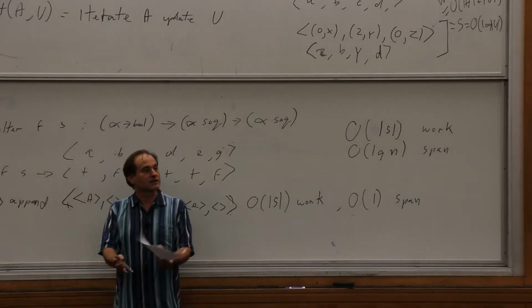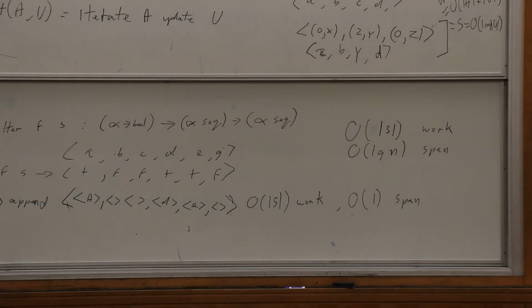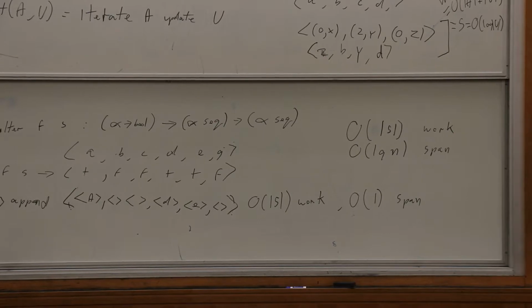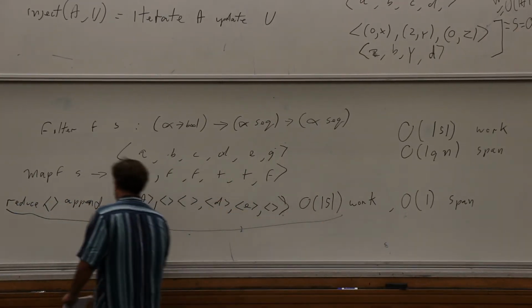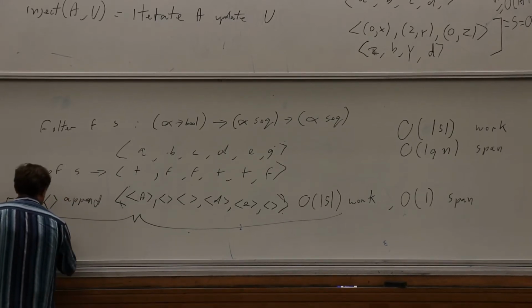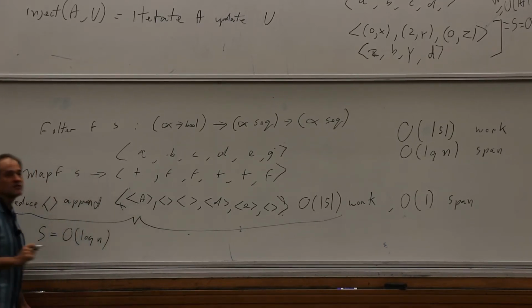So if we add that all up, I do get logarithmic span. So the span is going to equal order log n. Can someone tell me what the work is?